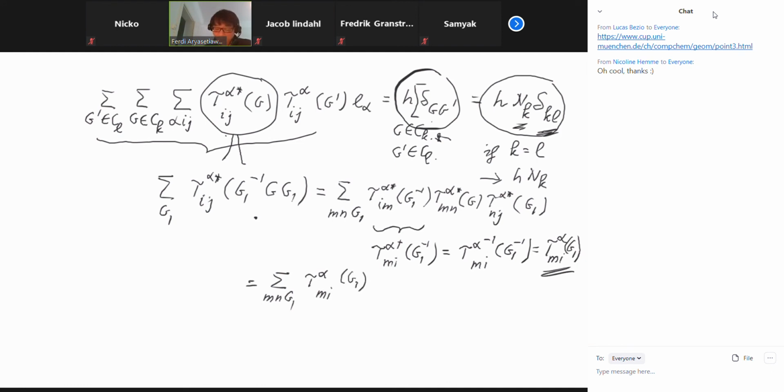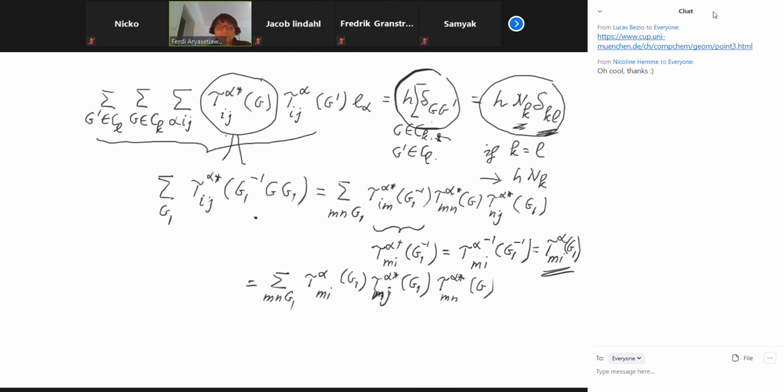G1 T alpha and J. Because I want to use the orthogonality theorem like that.